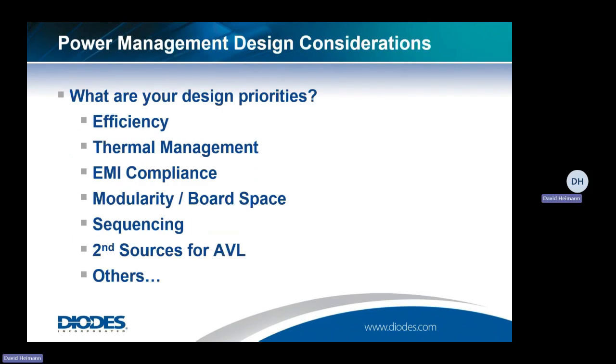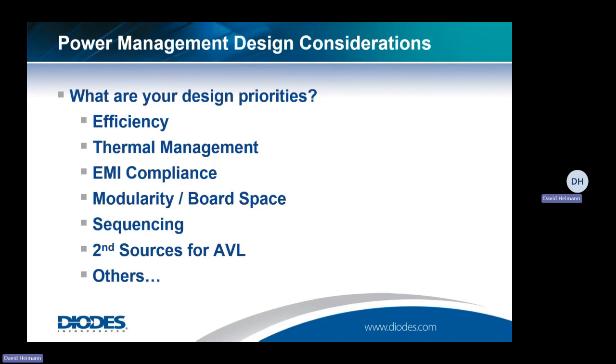So, when you are in the midst of your system design, you're starting out in your architectural phase. You're picking processors and other components that you need in your system. But while you're doing this, you should always be considering what your power tree is going to look like.